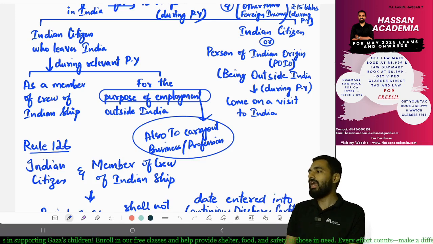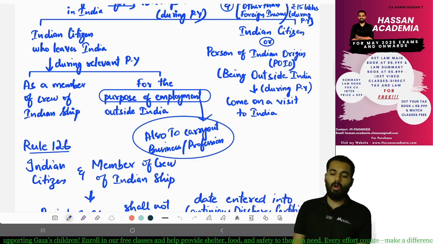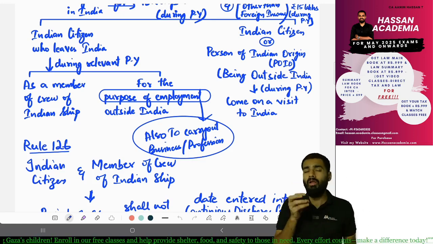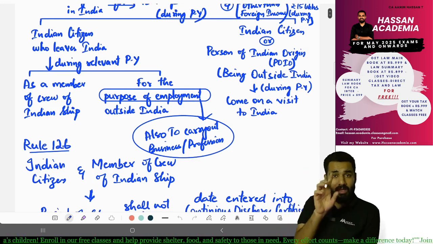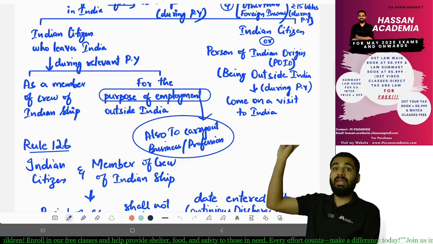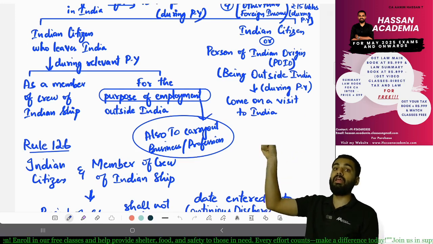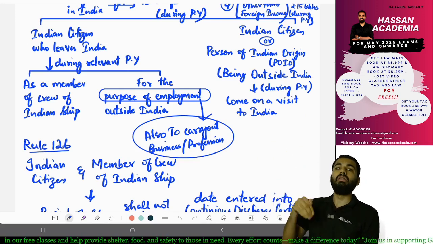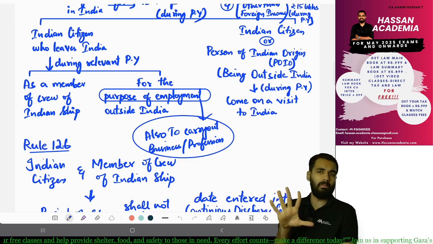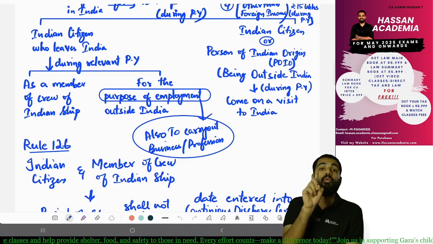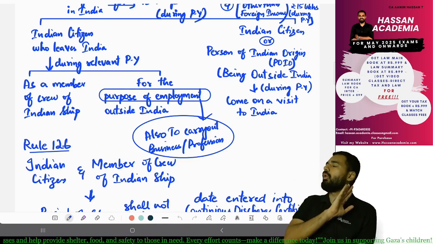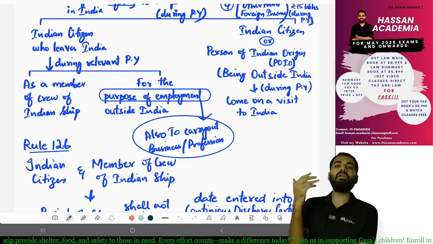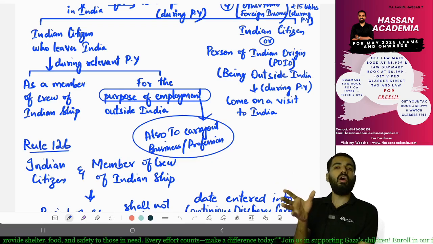In that situation, or for an Indian citizen or person of Indian origin who lives outside India and just visits India for any purpose, then 182 days or more is the only condition to see whether he is a resident or non-resident.